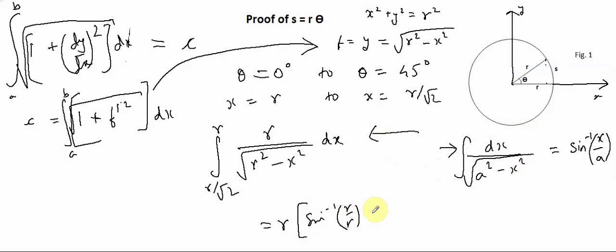the first limit, minus sine inverse of r divided by root 2, divided by r. And if you solve this, you will get r pi by 4.